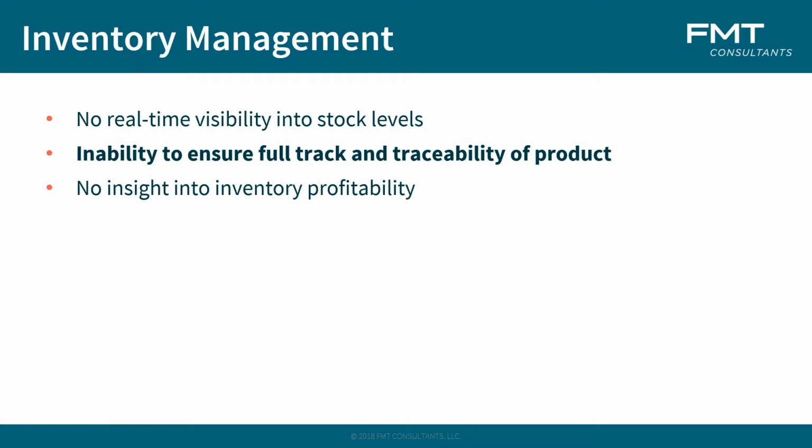Some of the other challenges that we've seen: an inability to ensure full track and traceability of a product. If you can't do that within your system, then you're bound to run into quality assurance issues. You're going to miss the tracking and tracing of critical attributes relative to a given lot or product, like what's its disposition, what's the supplier lot number, expiry information that you may want to associate with those lots.